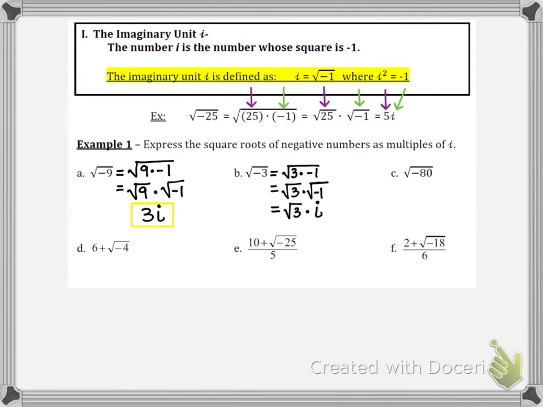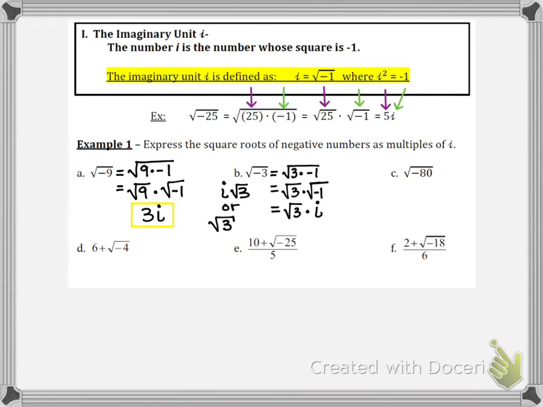Now, there are two ways I can combine these and write my final answer. I can put i as the first thing I write, as the coefficient of the radical, and write it as i square root of 3. I prefer this way because then there's no confusion that the imaginary unit i is definitely not part of the radicand. But some people like to write the square root of 3 first.